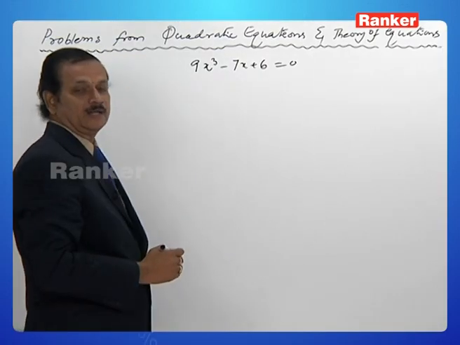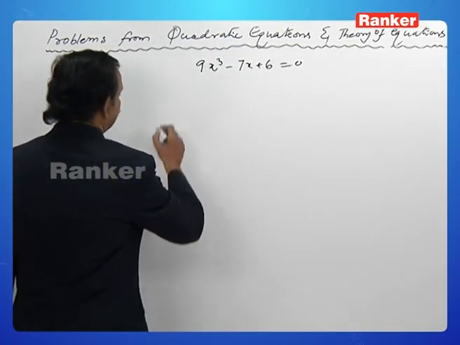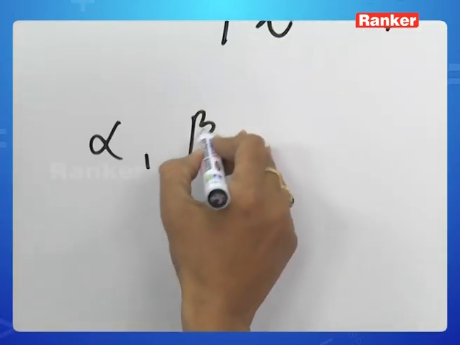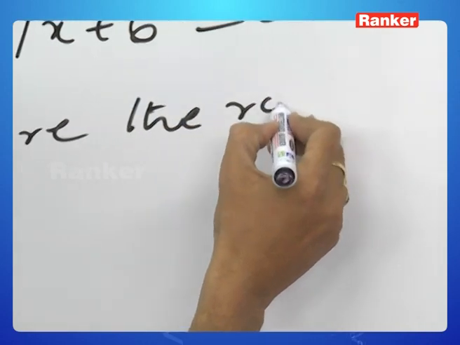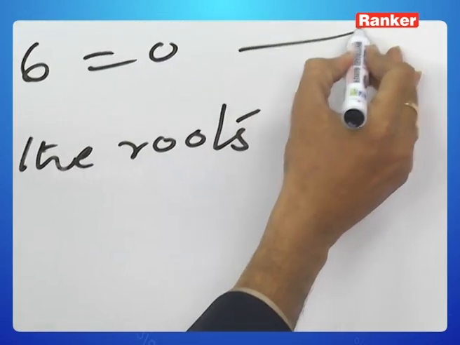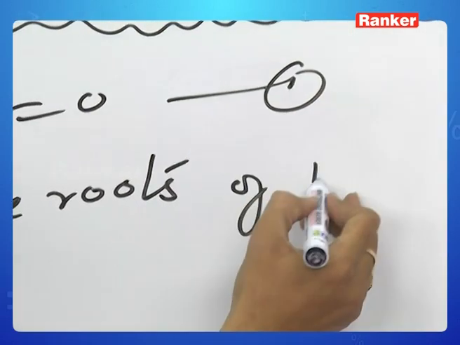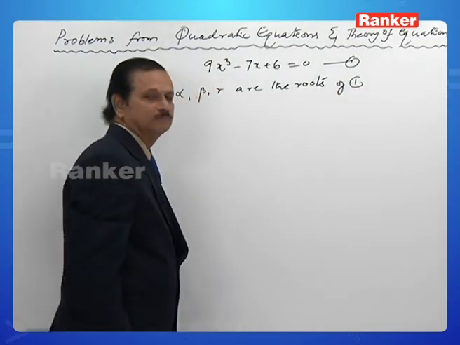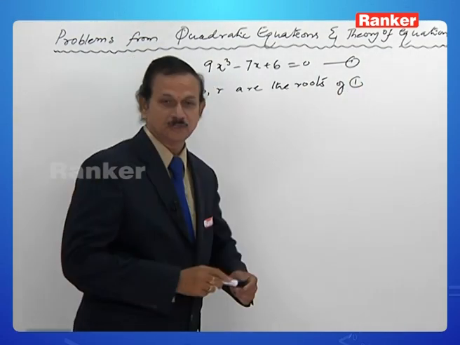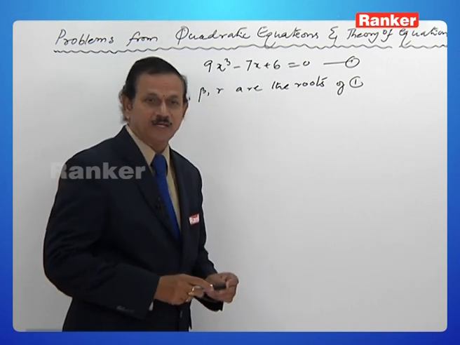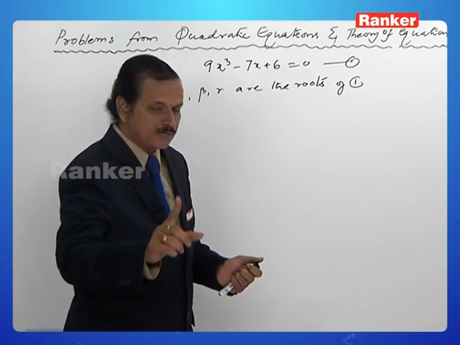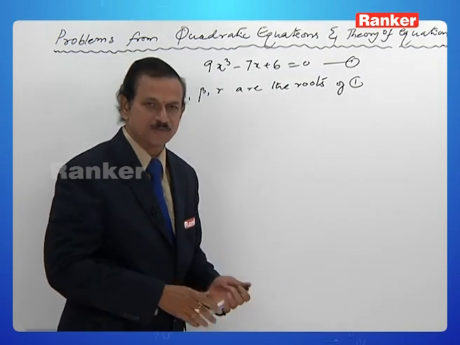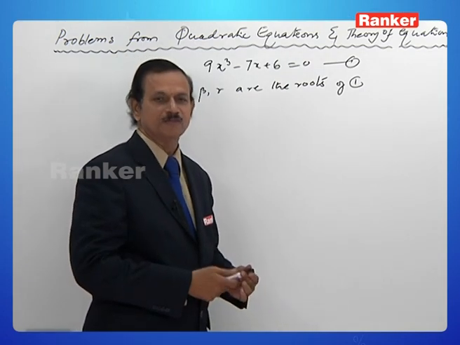Given that alpha, beta, gamma are the roots of that equation. Let me name it 1, the given equation. We are now ready to have the equation whose roots are 3 alpha plus 2, 3 beta plus 2 and 3 gamma plus 2.